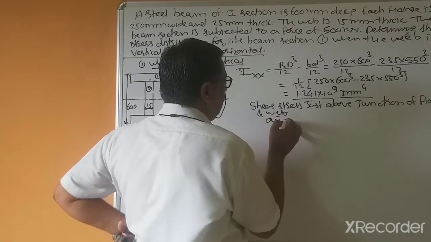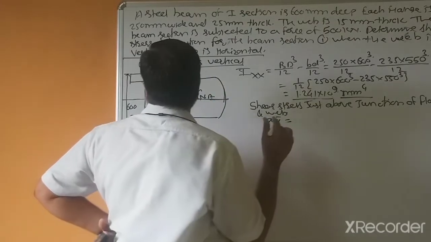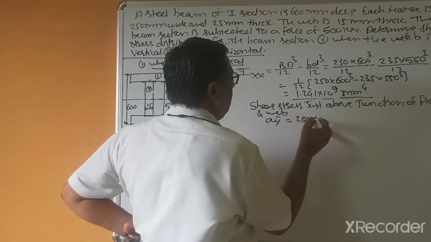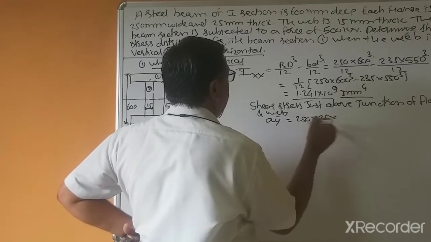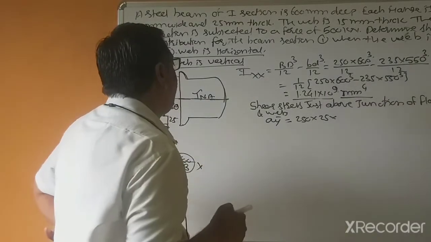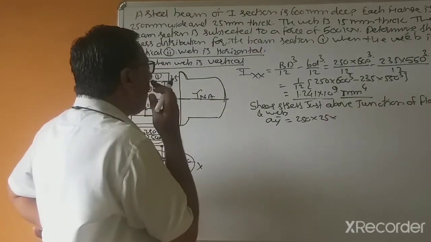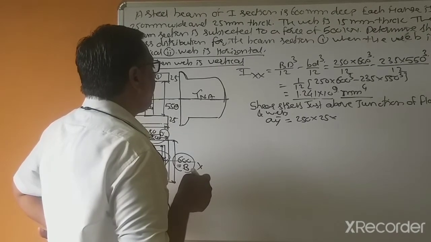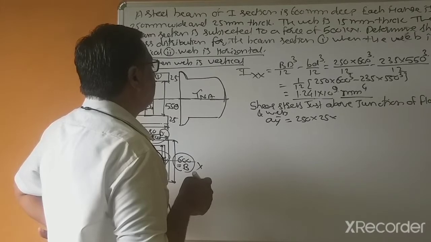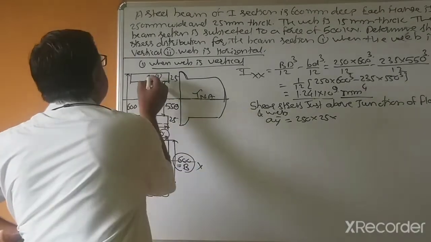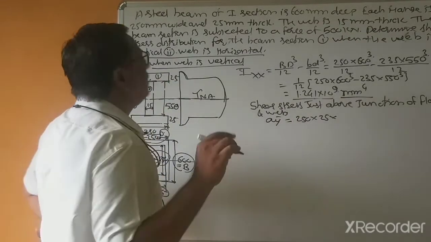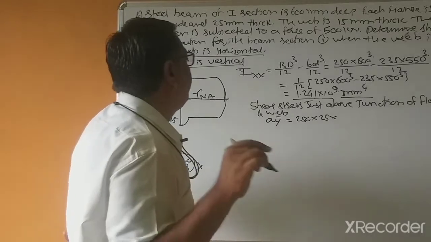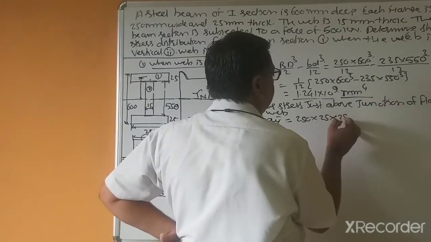So A y bar equals area 250 into 25 multiplied by y bar. The centroidal distance from the neutral axis is 300 minus 12.5, and this is 287.5.